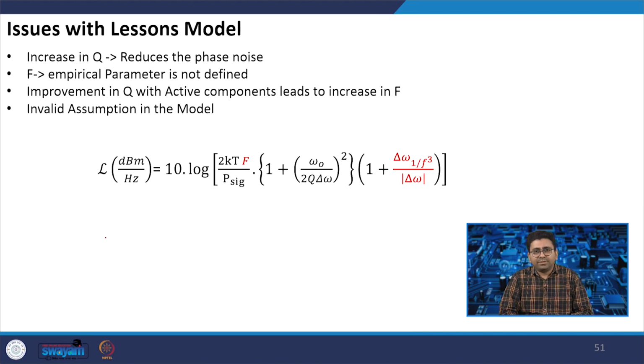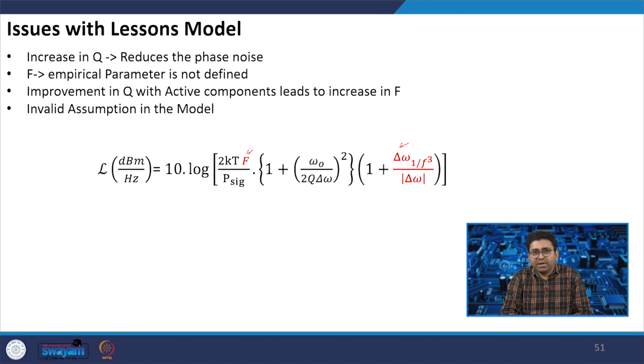So, in the Leeson's model that we have discussed, there are some issues. We already have discussed how this empirical term f came, and that f term is added due to the 1 by f noise.